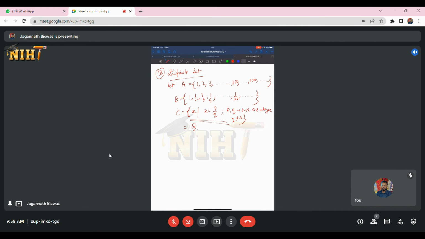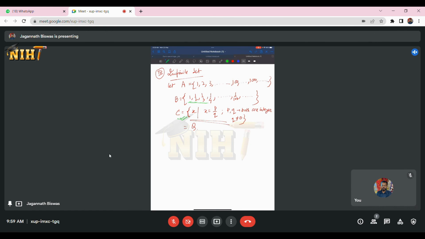Rational number means any fraction, 1 half, and between 1 and half, there are many fractions like 0.9, 0.8, 0.7, 0.77. These points are not in set A, but in C all such fractions are there.